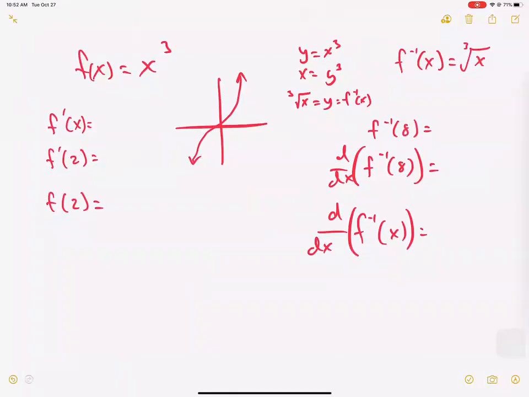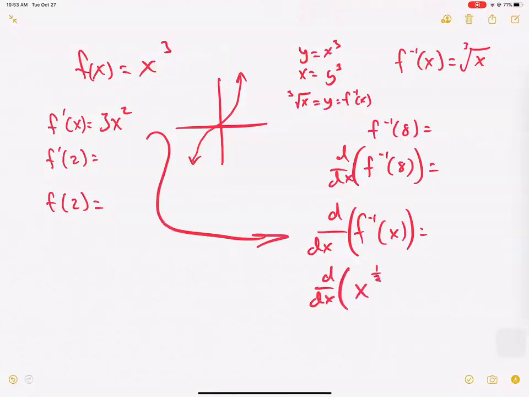The derivative of x cubed is 3x squared. Pretty easy, right? That's a lot easier than taking the derivative of the inverse function. The derivative of the cube root, rewriting that as x to the 1/3 power, is 1 over 3, x to the negative 2 over 3, subtracting 1, which we can rewrite as 1 over 3 times the cube root of x squared.